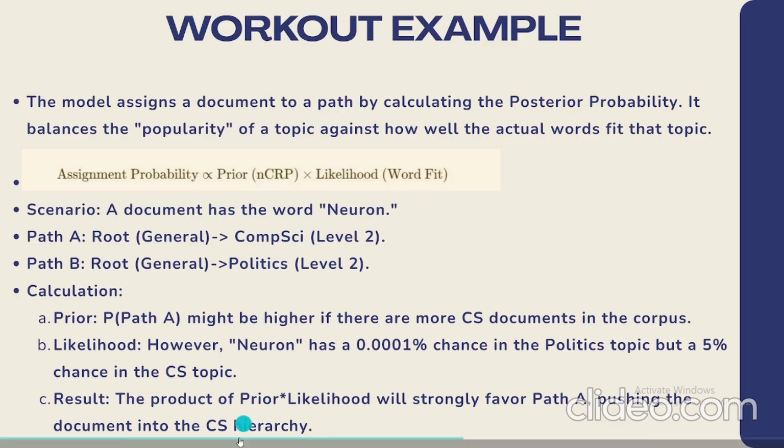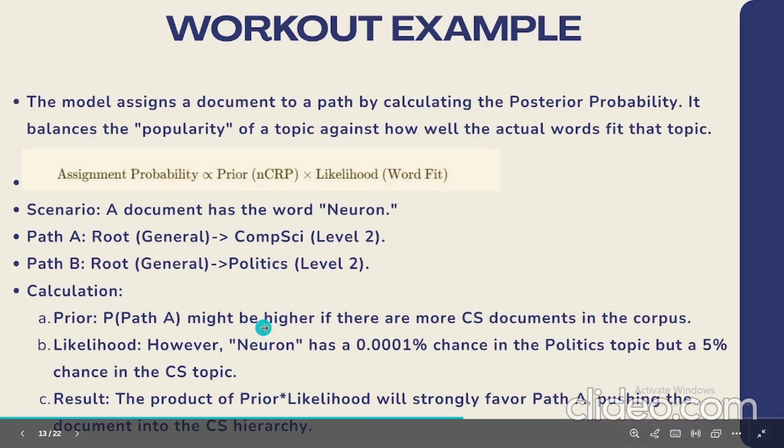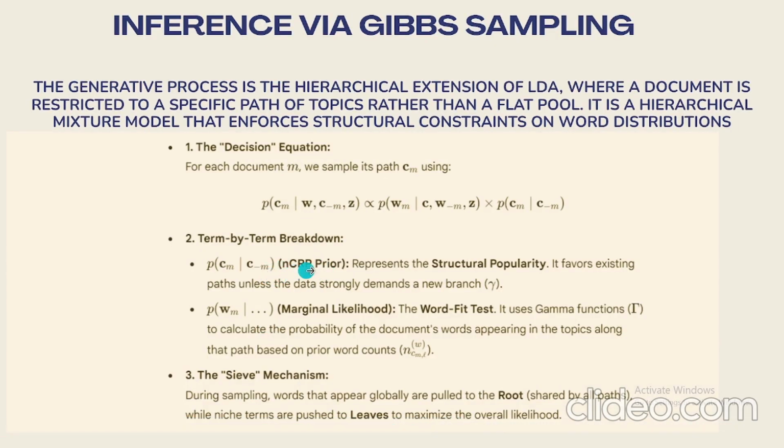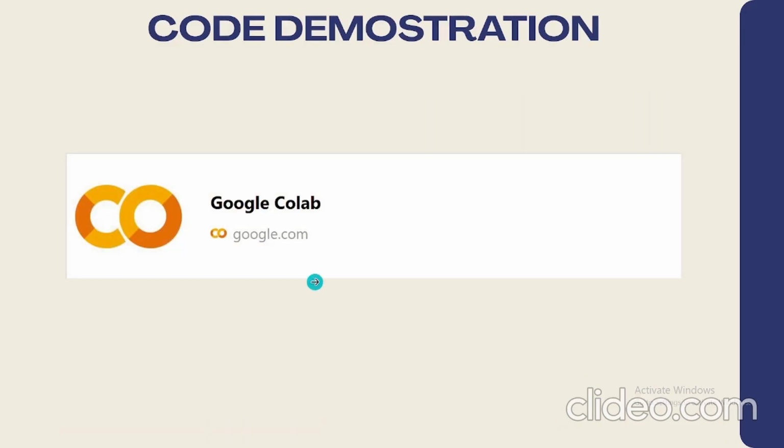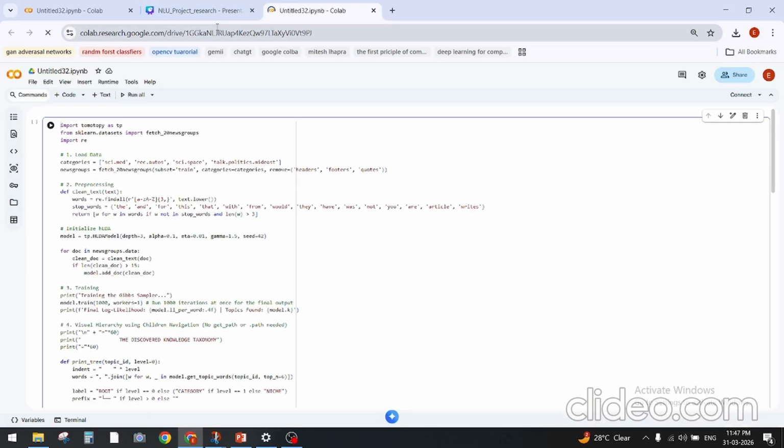I hope you have clearly understood the worked example, where we have used the nCRP prior and the marginal likelihood for finding the assignment probability. Now let's look at the code for the demonstration.